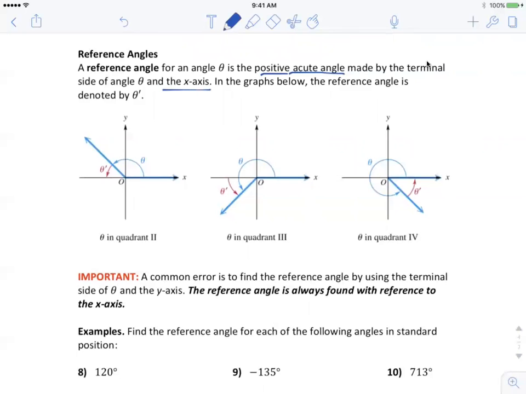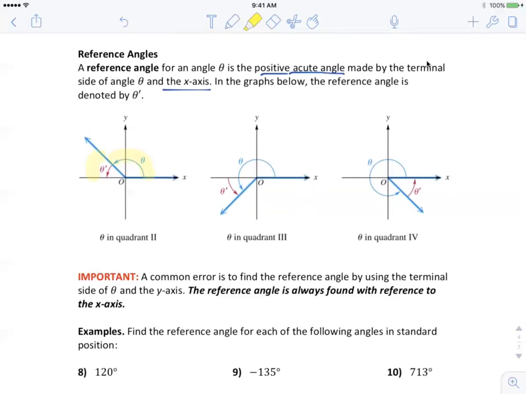So if we look at, let's say an angle is here in quadrant 2, there's your angle, right? Then the reference angle is the one in the red with the apostrophe on it. It's the angle made with the x-axis. It's acute because it's less than 90. And that'll be of use for us when we get into more problems, okay?